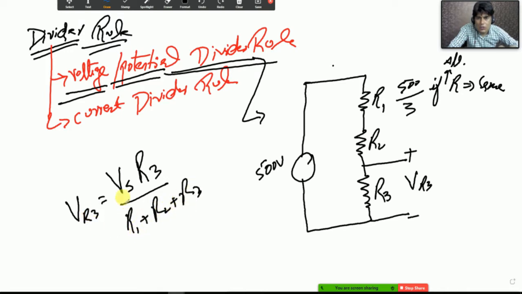Through this formula you can find the potential, and this formula is the voltage divider rule.